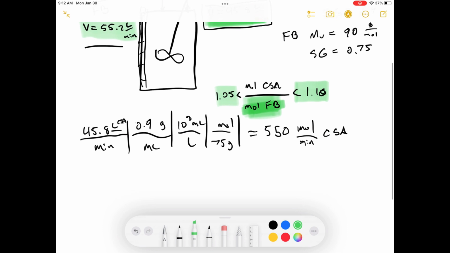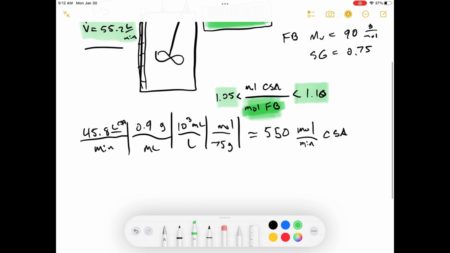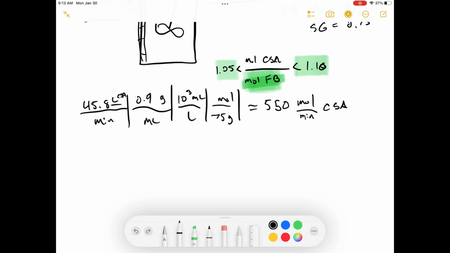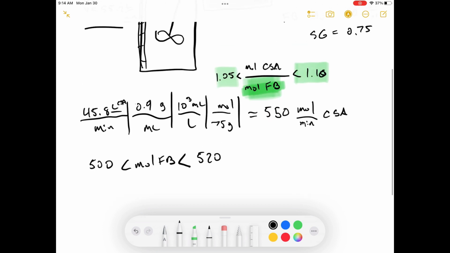So if we had 550 moles per minute of CSA, that means the moles of FB can only be between these values, 523, or 520, and 500. So our moles of FB need to be between these values. And I've calculated what that was based on this and this. Okay?